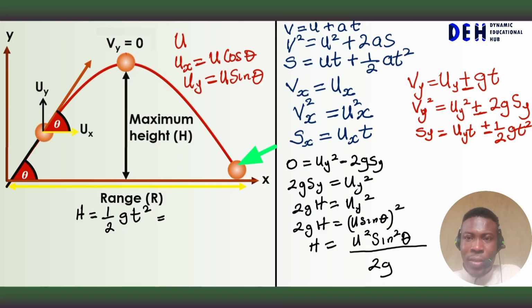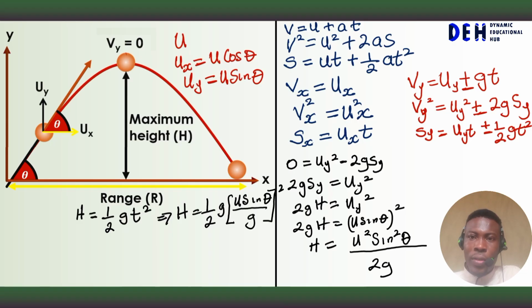So which implies that H is equal to 1 over 2 G multiplied by, what is the time taken to reach maximum height? That is U sine theta over G. You now have U sine theta over G all square.